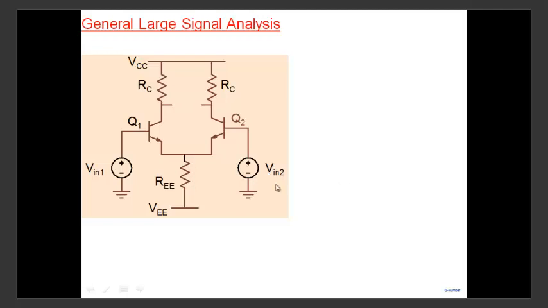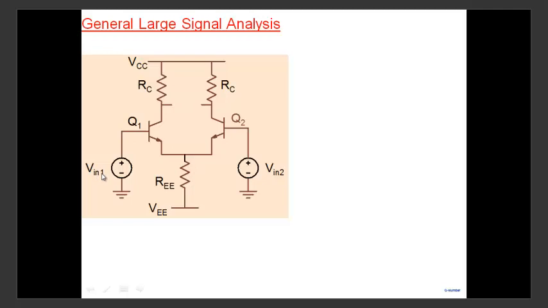If I have ground here and I have ground here, both sides are ground, then whatever is the current here, 2 milliamperes, one will flow here and one will flow here. But suppose I put here ground 0 and I put here 1 volt. Think about it. Vin2 is 0, and Vin1 is 1 volt.